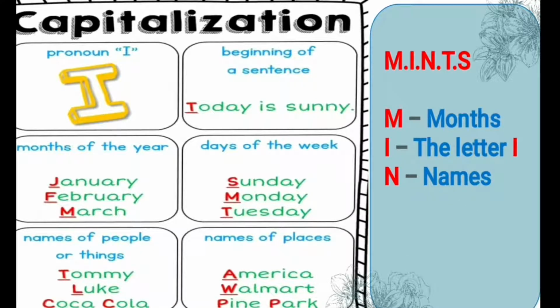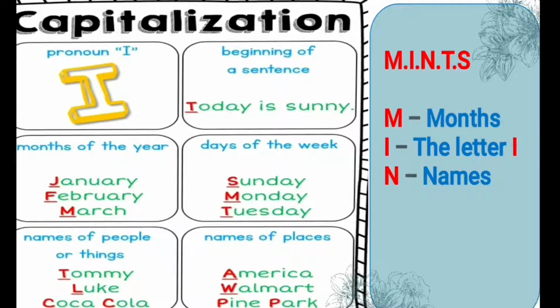It can be any person, any place, any animal, whatever. Any names. After that, the titles. It can be any titles, like you can see the capitalization in this picture on the left side. This is the title, and I start with capital C, right? That's what I was saying.